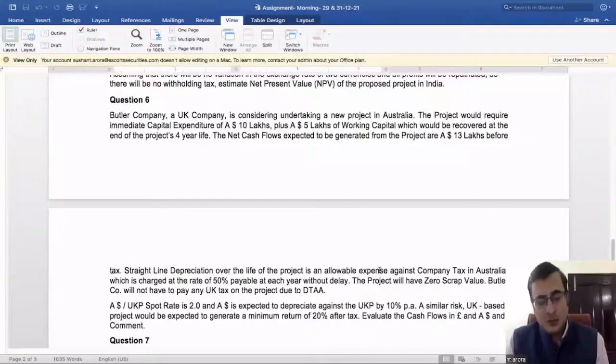Why I am taking question number 6 after question number 1 is because it will give you the concept of, see, I gave you an example where you have to calculate the home currency approach and the foreign currency approach. Here, we have already studied the foreign currency approach with the example. And in both the cases, I told you that the NPV would be the same. This is like an interpretation. Question number 6 is like that interpretation only.